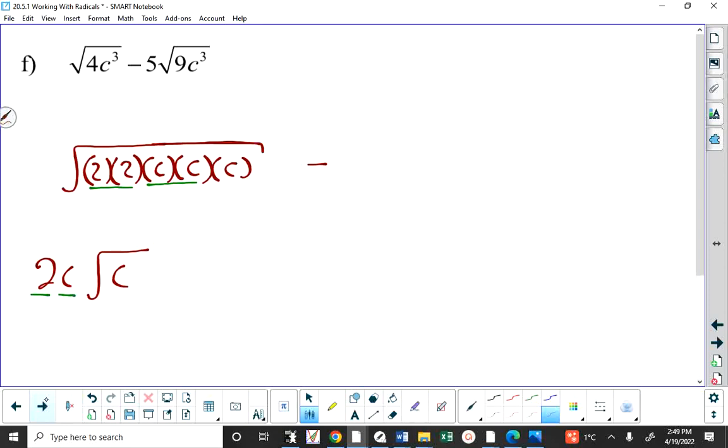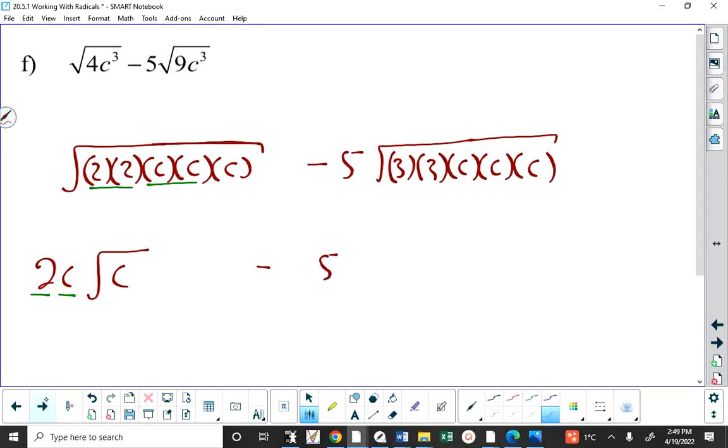Then we have minus 5, and we will have root 3 times 3 times c times c times c. So we get minus 5 times 3 times c square root c.